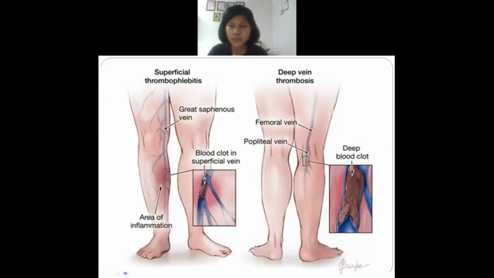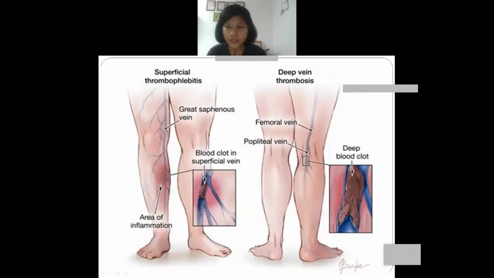So this is superficial thrombophlebitis. It occurs in the superficial veins. Here a blood clot occurs, and as a result, there is inflammation in the affected area. Why? Because obviously there is a blood clot.